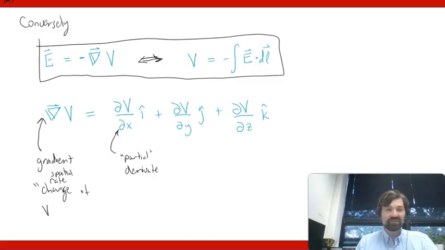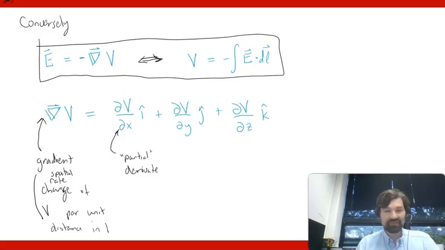So a gradient is just the spatial rate of change of V per unit distance in some direction.